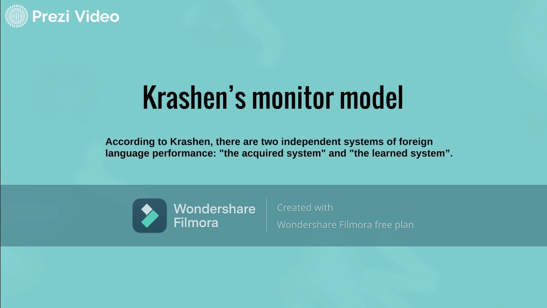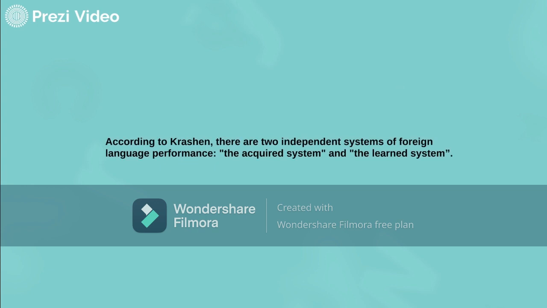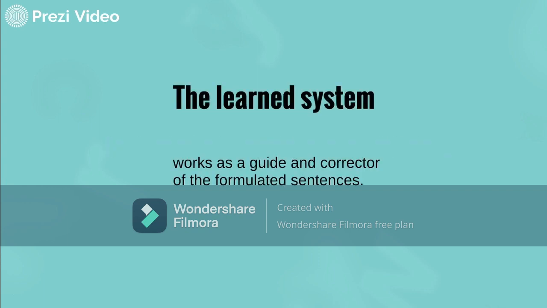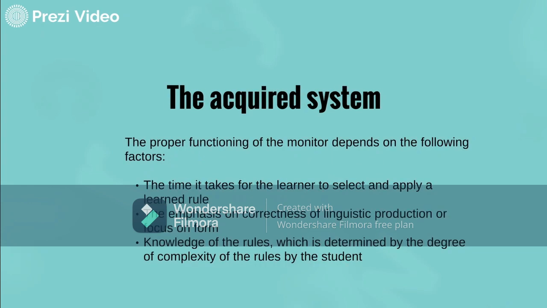Krashen's monitor model. The learned system proposes that the linguistic and grammatical knowledge resulting from formal teaching only performs the function of a guide and corrector of the formulated sentences.